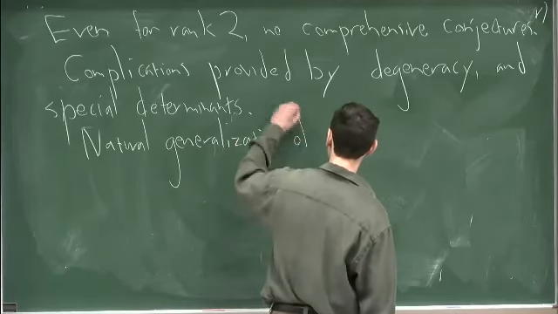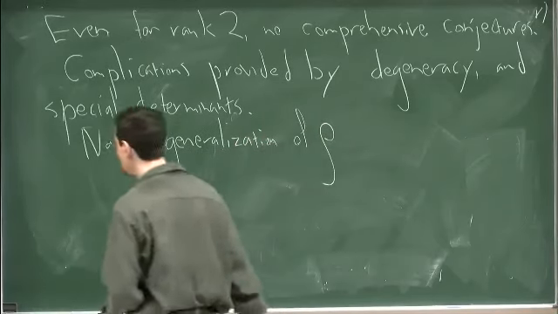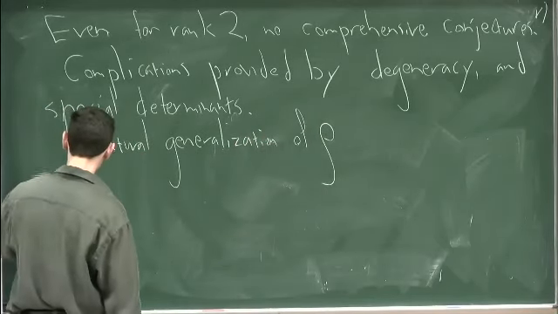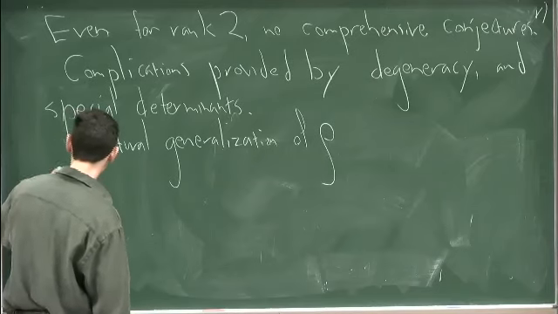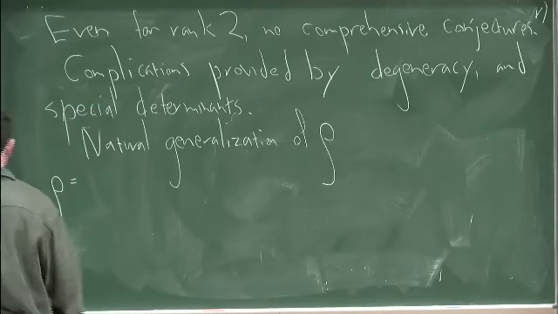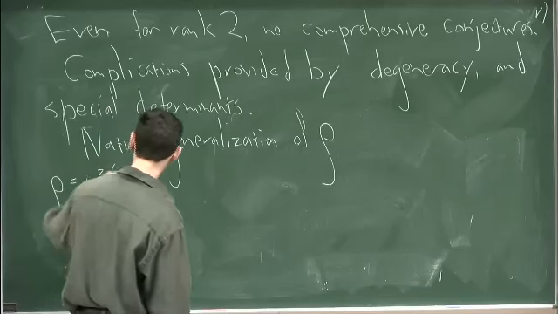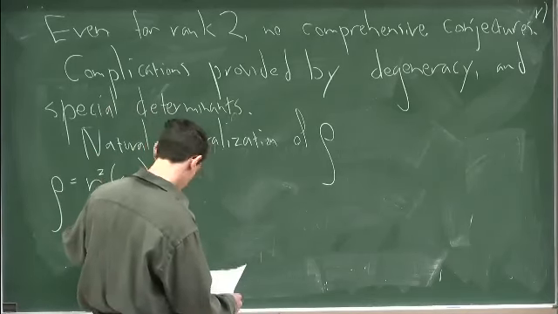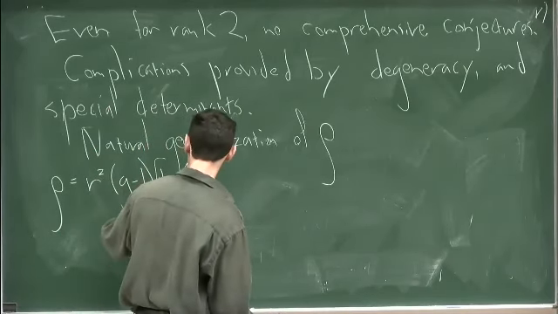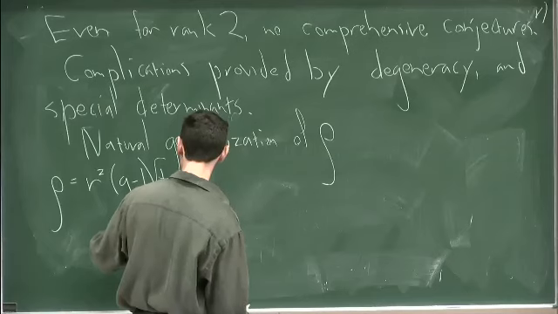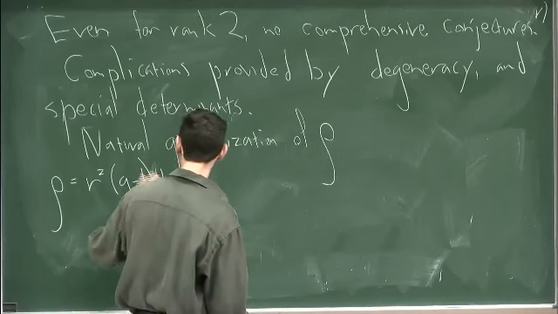This will be a generalized rho. I'm going to have to switch notations. I'll say what the notation is going to be in a second. I'll write down rho. Well, I'll leave this here.